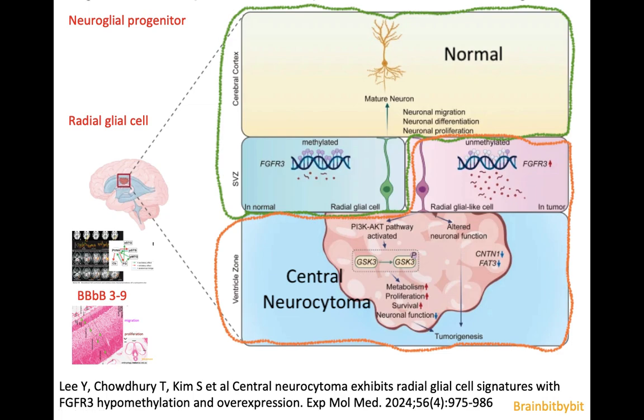So you might remember that radial glial cells were these neural stem cells located in the ventricular zone. They give rise to the neurons and glial cells, and the neurons migrate along the radial glial cell towards the cortex.